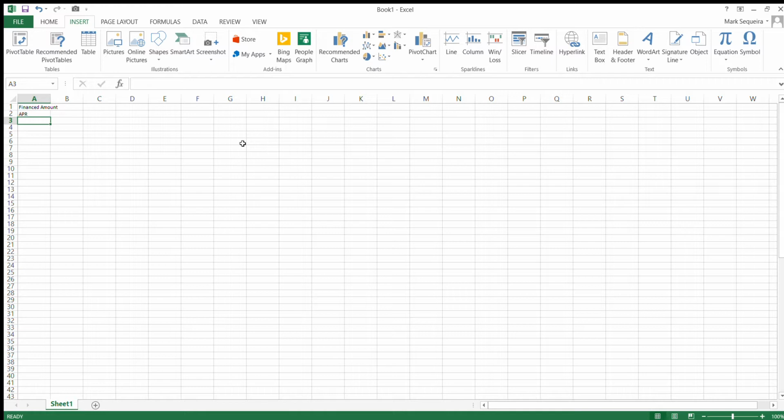But the overwhelming majority of people financing a car usually get 60 or 72 month terms. And then, of course, once you have these three things, those three things together will determine what your monthly payment is going to be. Okay.